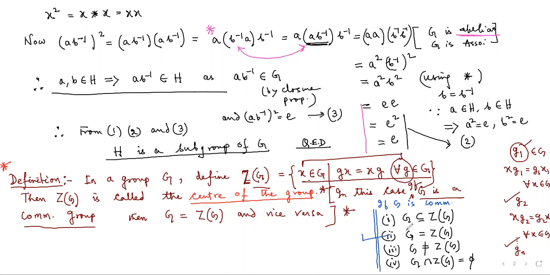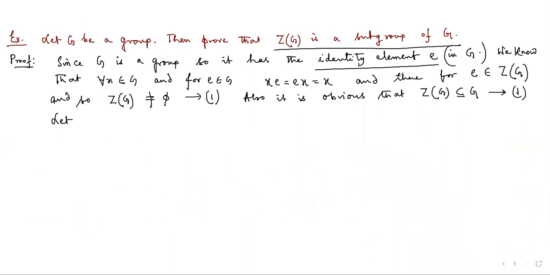I don't know whether multiple correct options are provided in the online examination or not. But if you carefully observe this particular problem, both options 1 and 2 are actually correct. Why? If G is commutative, then capital G is obviously equal to ZG. And we know that ZG is in general a subset of capital G, by definition always.